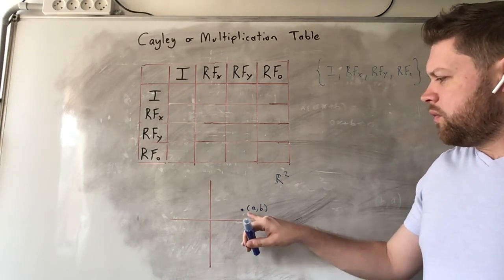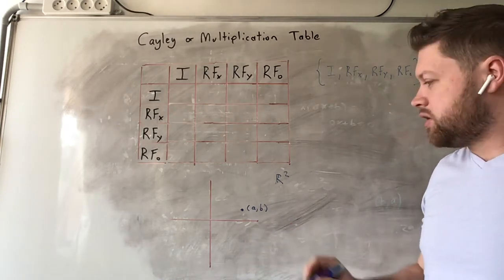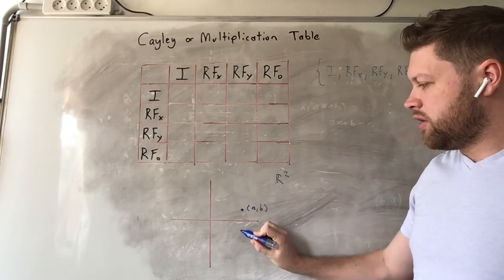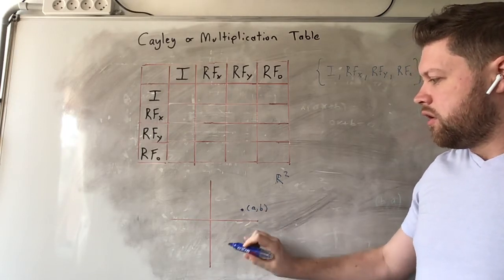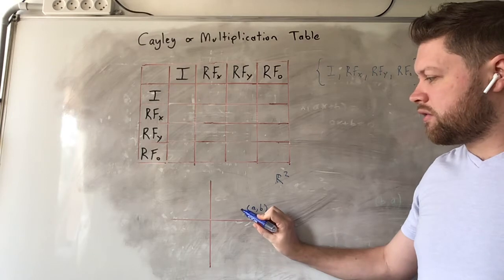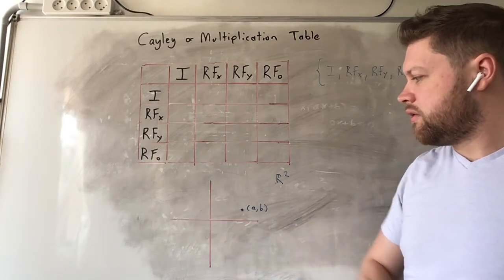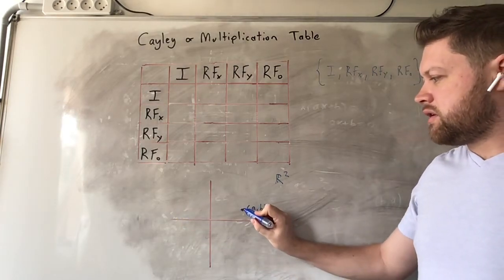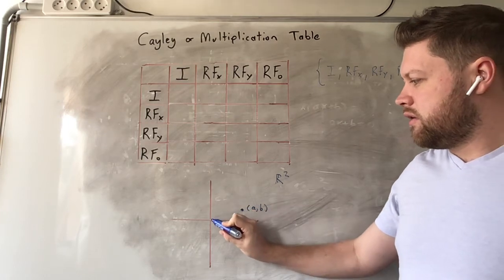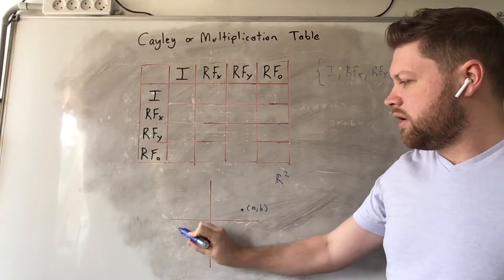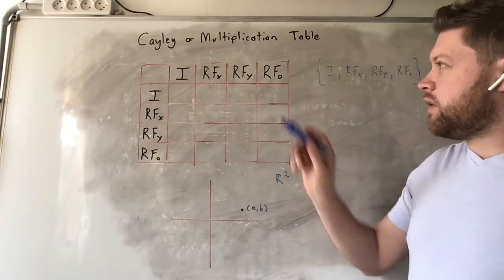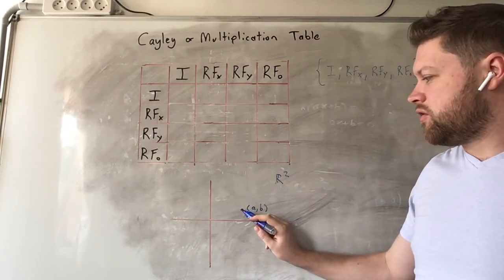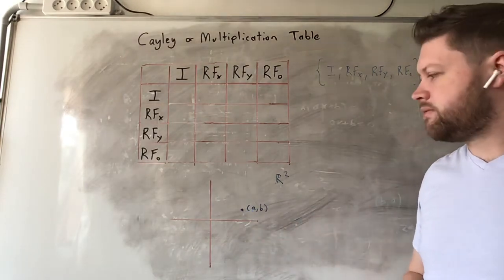We looked at a reflection in the x-axis, which would bring the point down here, or a reflection in the y-axis, which would bring the point over here, or a reflection in the origin, which brings the point down here, and then we have the identity transformation, which is the do-nothing transformation.